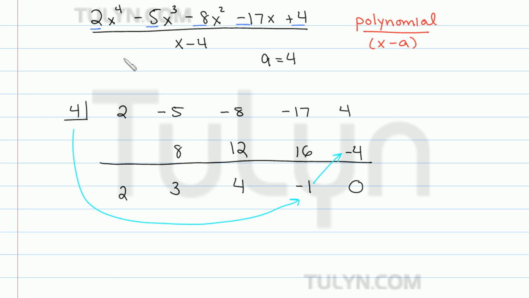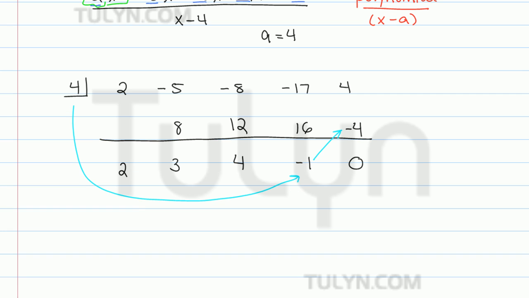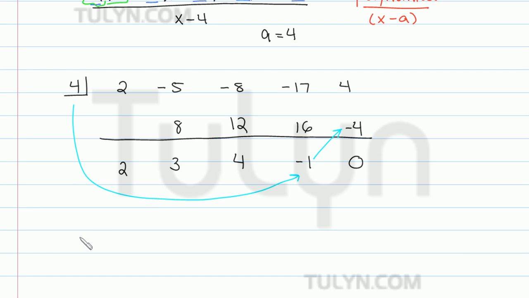So for problems that can be solved using synthetic division, the degree of the first term of our result is going to be 1 less than the degree of the first term of the dividend. So since the dividend has degree 4, x to the fourth, then our result is going to be of degree 3.